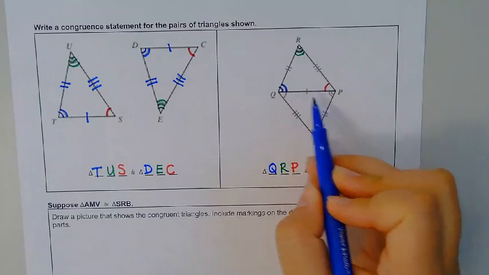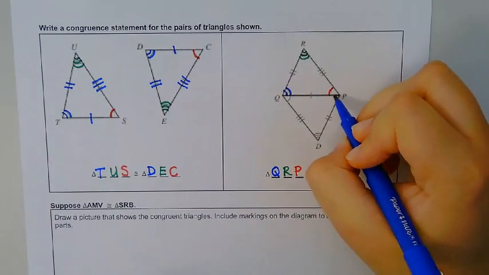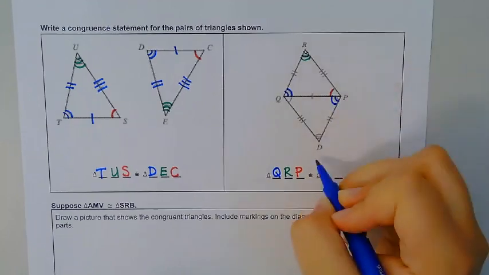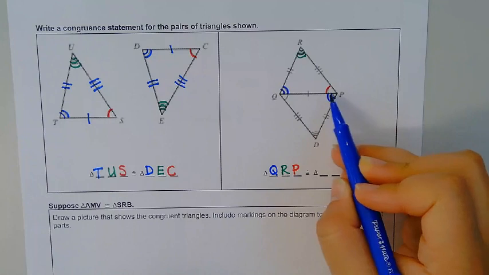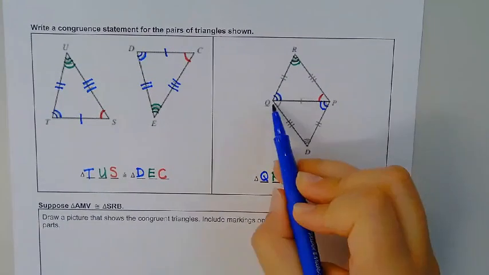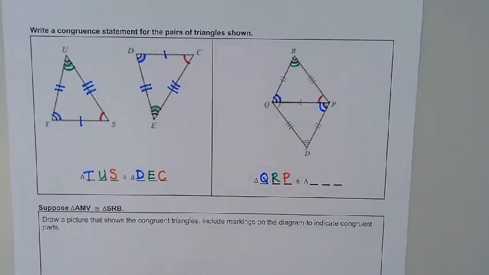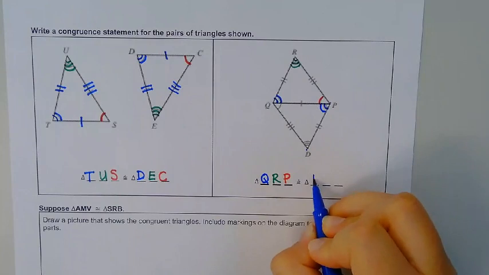What angle in the bottom triangle has 2 tick marks? Good. Hopefully you said angle QPD. And remember, here we have 2 angles at this vertex, so we have to be careful that we're naming it specifically. So we would have to say QPD for that angle. But that would be point P in this second triangle, so I'm going to start with P.